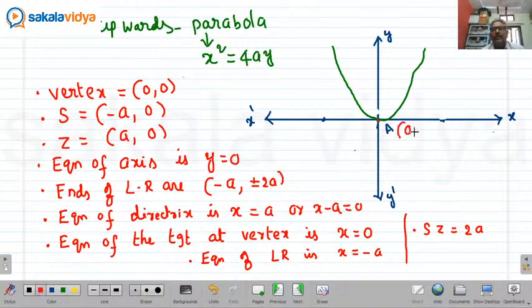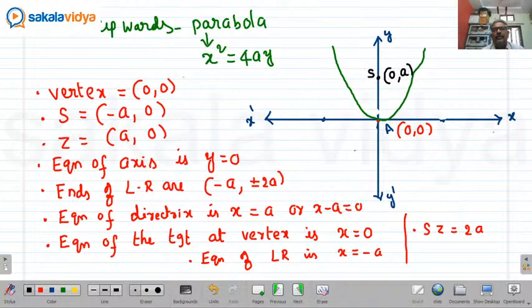So in this one, actually, vertex is 0 comma 0. Next, focus. See, the focus will be here. This is the focus. We can write 0 comma a on y-axis.